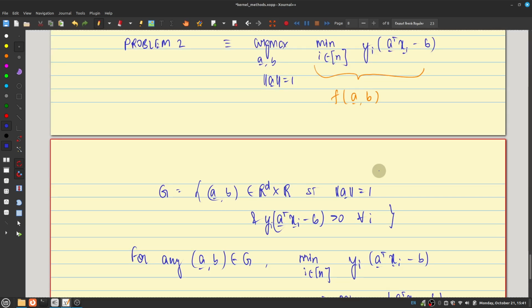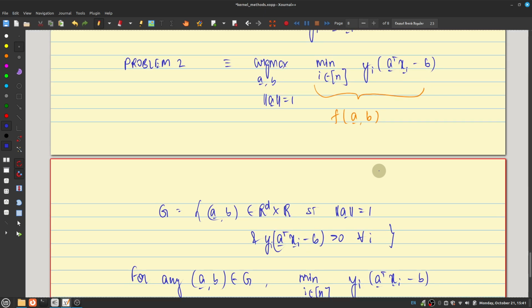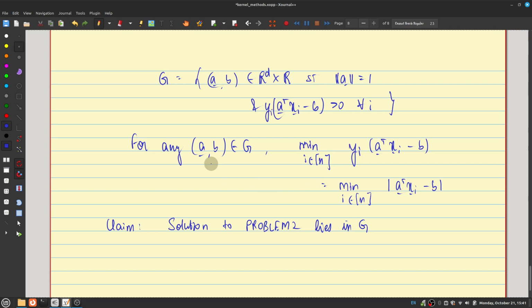Let's look at problem 2. I'm taking the maximum, and my claim is that the (a, b) that achieves this is in fact going to lie in G. Why?